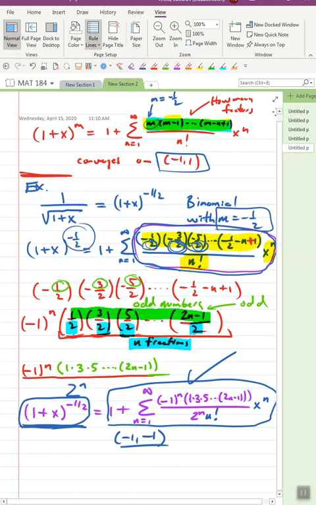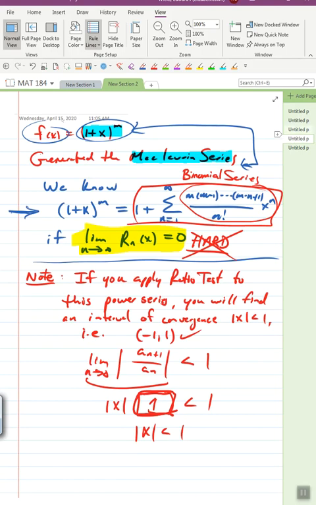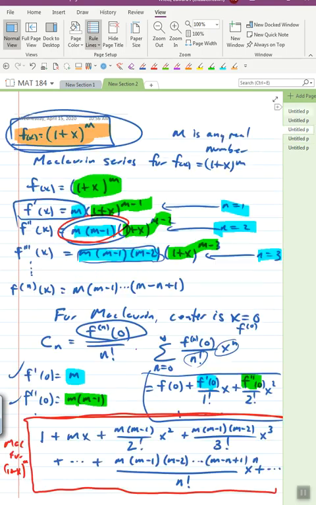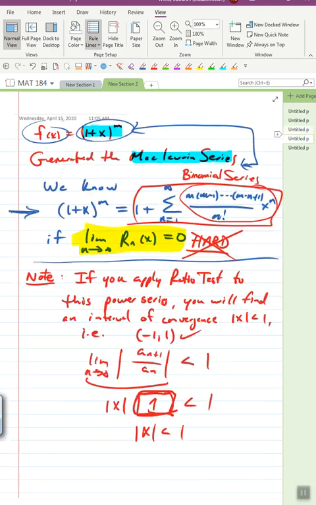Okay, so let's see, do I have time? I think we're going to skip the proof. I know you guys probably don't mind that. He doesn't really do it in the book. That is the proof of, or settling this question, does the power series generated by the function converge to the function?